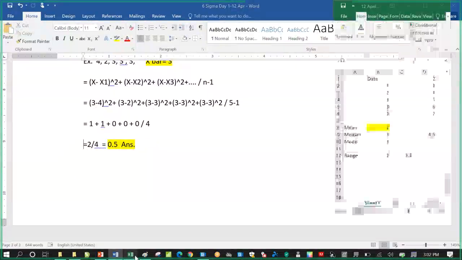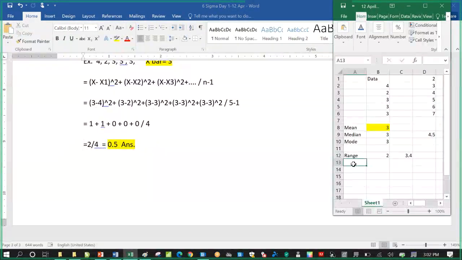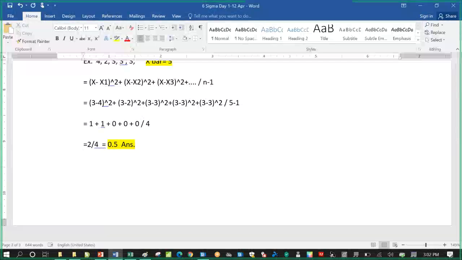How do we do it in Excel? Very simple: var.s, and you select the data points and press enter. Now, there is another thing called variance for population. In population there is only one difference.